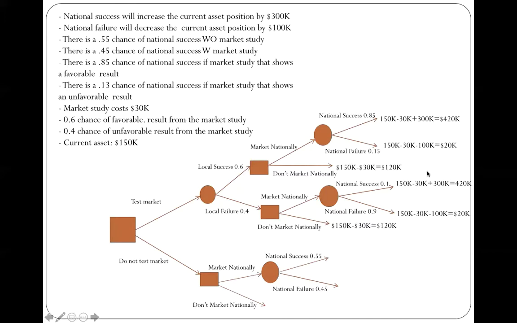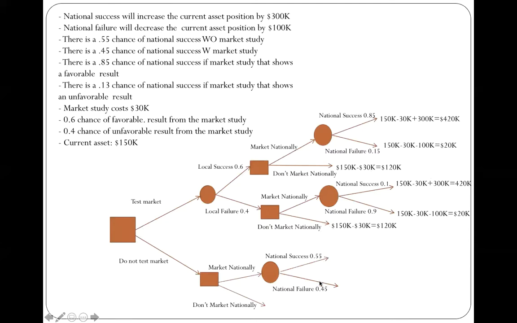So in that scenario, we have 150K minus 30K, that's 120K. And that's the same value that we observe for this similar terminal node here. So do the calculations yourself, go through the scenario yourself, and make sure whatever number I have put here represents the decisions and the outcomes that you face for this terminal node.